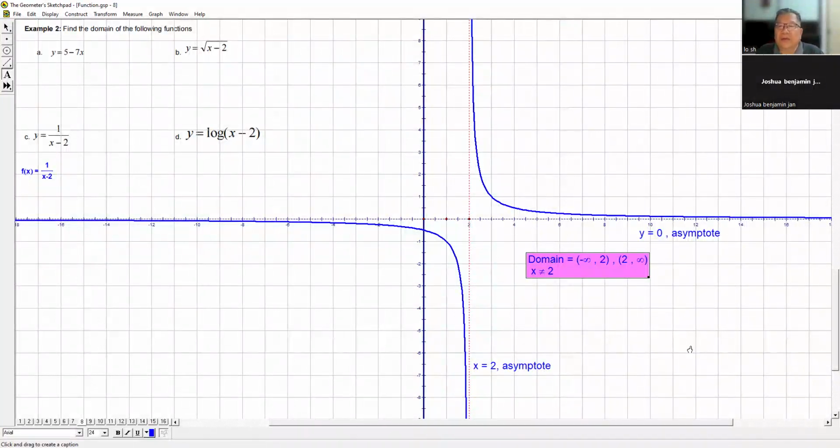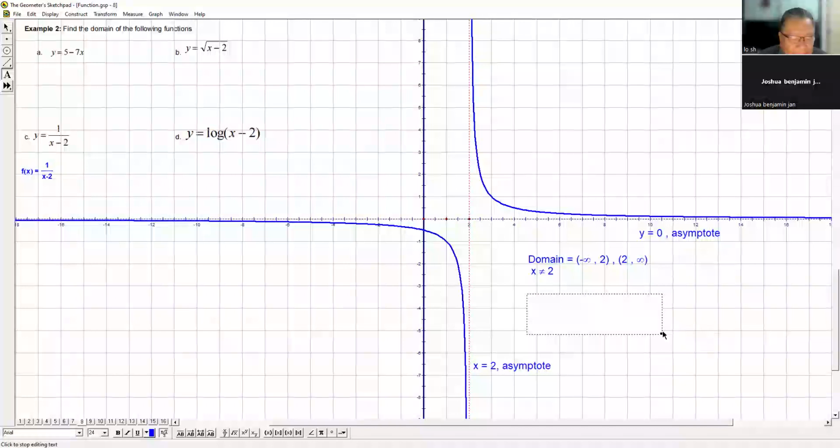Okay, now can you tell me correspondingly what is the range? What is the value of y? Y starts from where? Until where? We take the negative infinity, you go up. Can this y take any value?